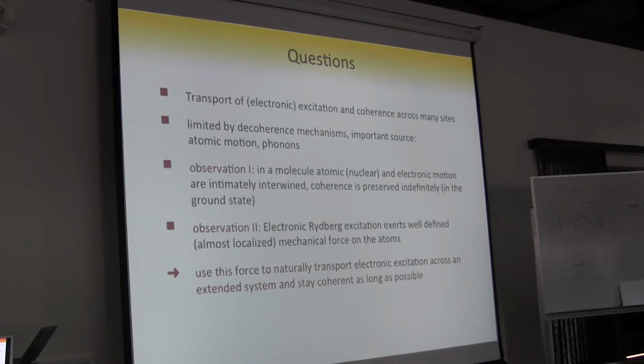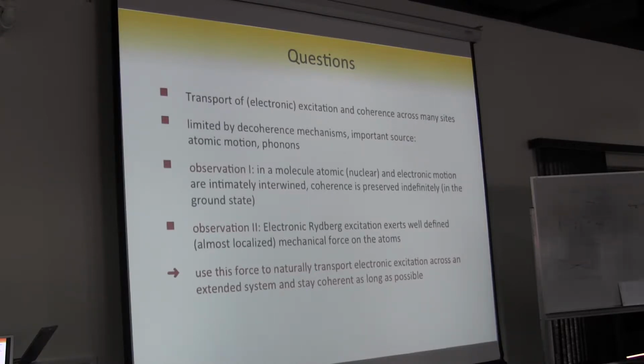And of course, we are interested in transport of electronic excitation and coherence across many sites of atoms or molecules in the more general context. And we know that this transport is limited by decoherence mechanisms of various kinds. Important sources are atomic motion, phonons, and so on.